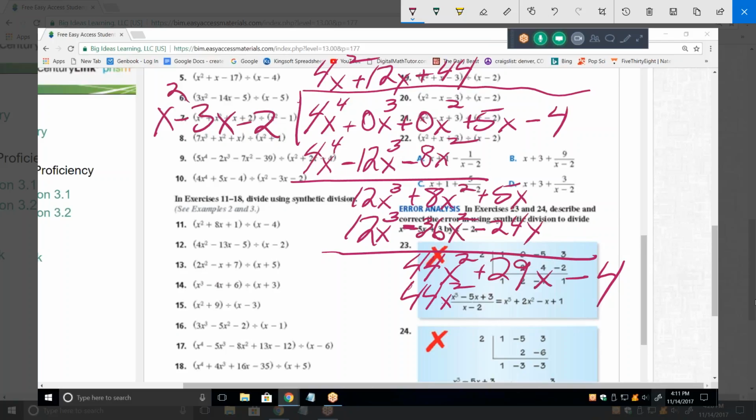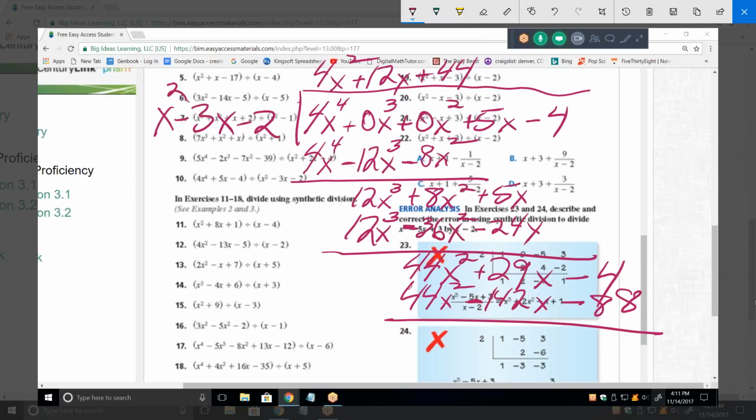What's the sign on it? Positive. We're doing positive 44 times minus 3x. Yeah, negative. 132x minus 88. Subtract.